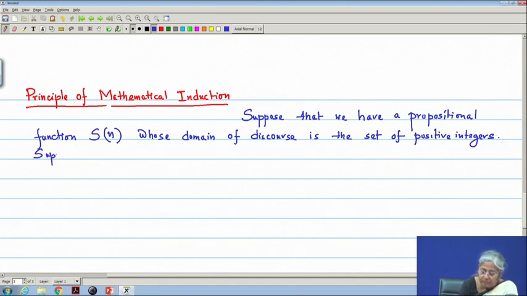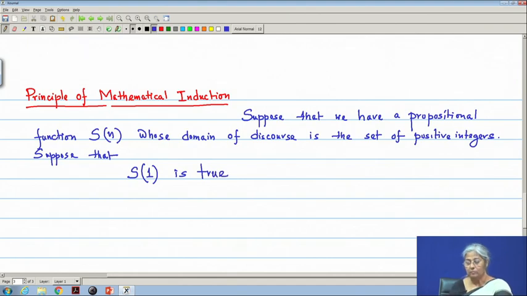Suppose that S1 is true, that means the propositional function Sn for n equal to 1 is true.